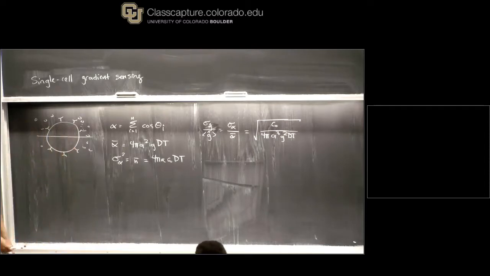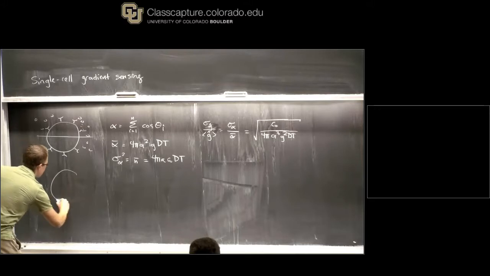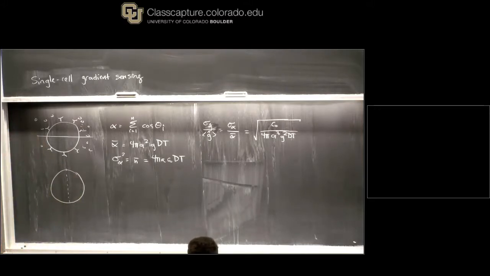So to do that, we can simplify the situation even more, as was suggested yesterday. We can ask, what if the cell really is just trying to count the number of molecules detected on one half, and subtract that from the number of molecules detected on the other half.